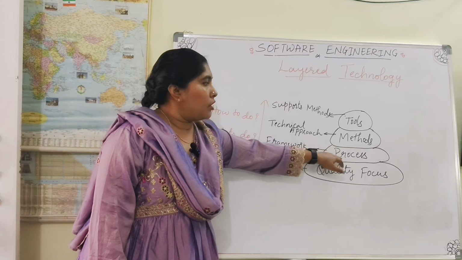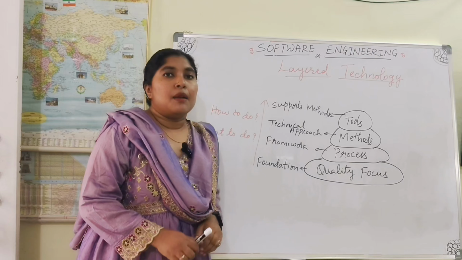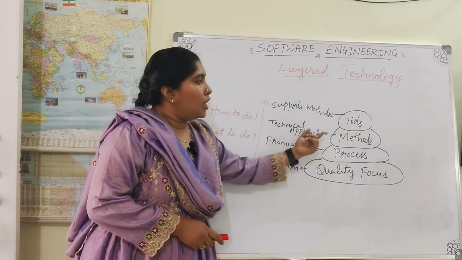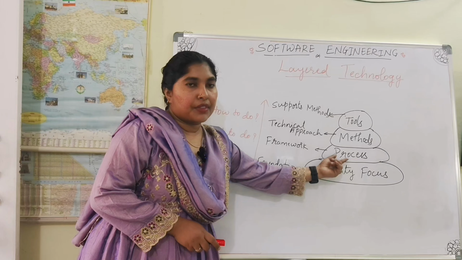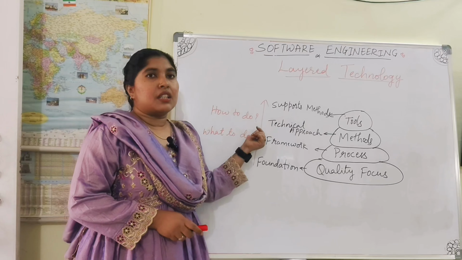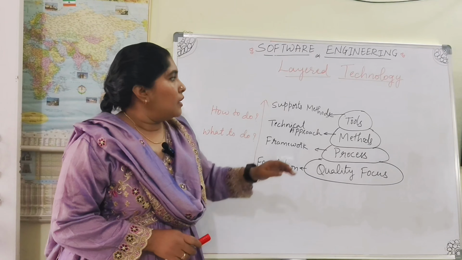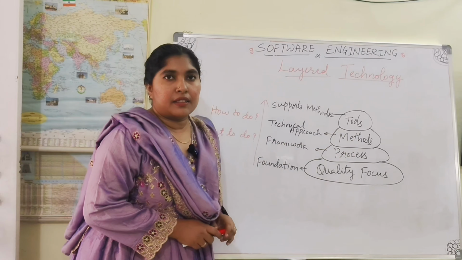These activities will say what to do, which answers the question of what to do. Next, on top of this process, we have methods. Methods provide the technical approach to handle this process. So the how-to question will be answered in the methods section. Next, the topmost layer is tools, which provide support to the methods.